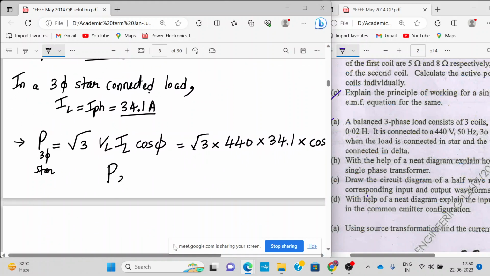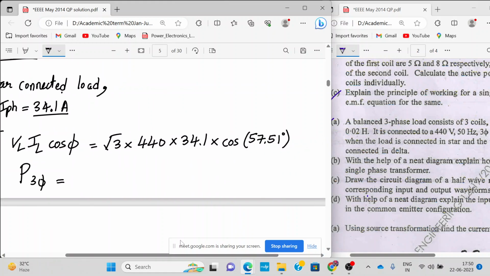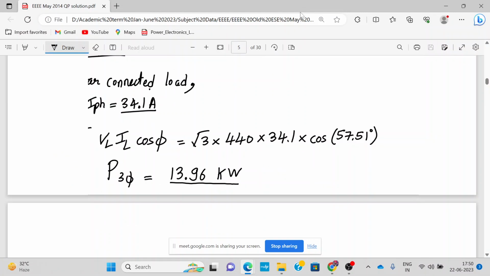Alright. So what is the power in three phase now? It will come out to be closer to 13.96 kilowatt. You can please find it out. I'll give you 1 minute's time to calculate this much.